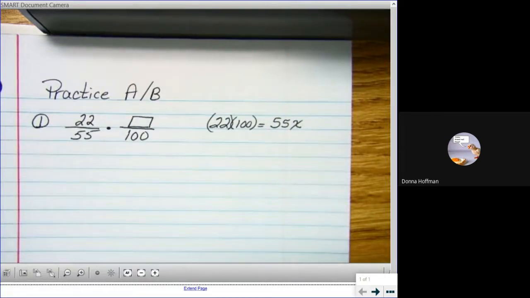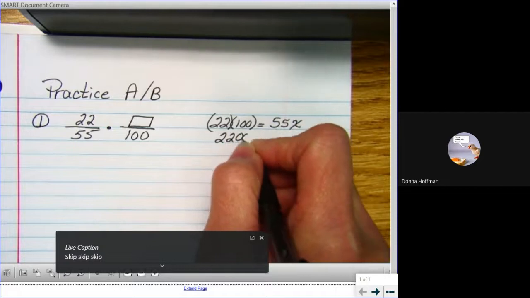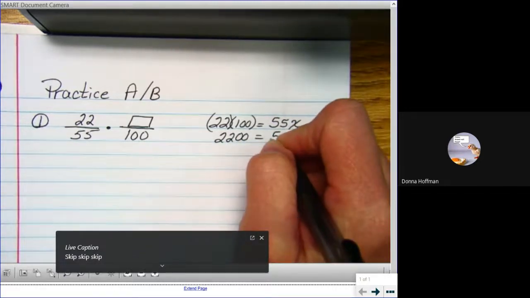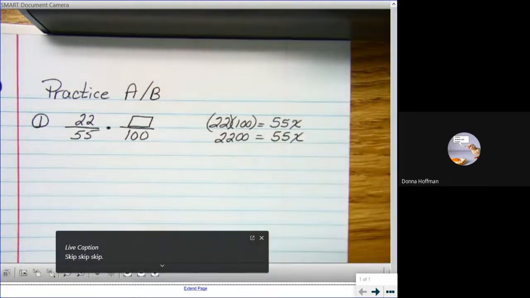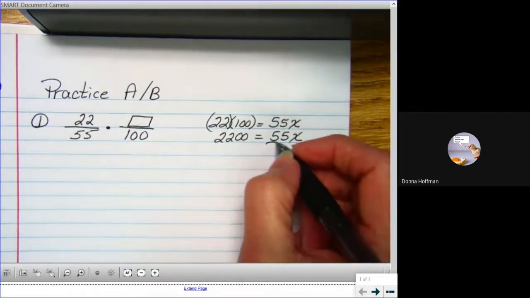And what do you get when you get 22 times 100? 2,200. How do I get rid of my 55? Divide both sides by 55.